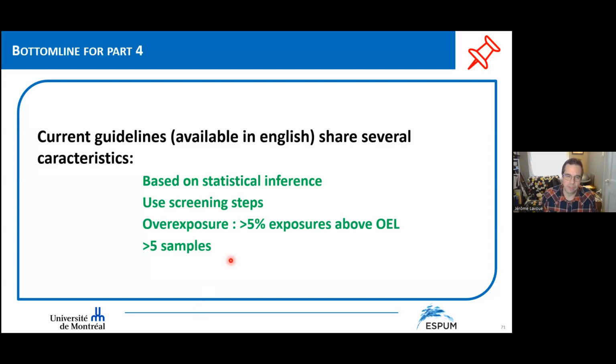Overexposure is always defined as above 5% of exposure levels over the OEL, so over 10 days in a year, for example. And when you pass the screening steps, all the strategies require more than 5 samples.